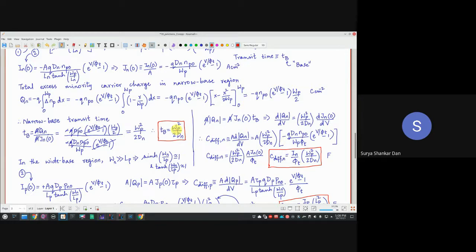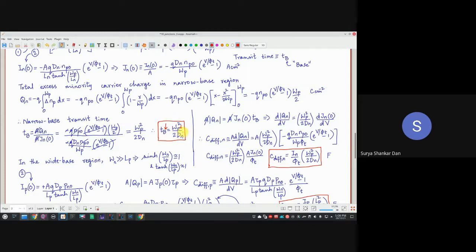So if you choose a material as the base which has a higher diffusivity, then your tb will decrease, right? So if you want to decrease the tb, one way is to reduce the width of the base region, which I had told earlier intuitively. Now you can see it mathematically.